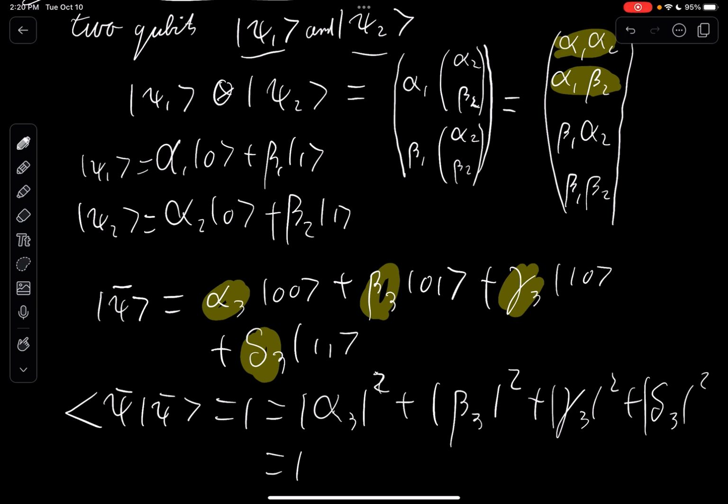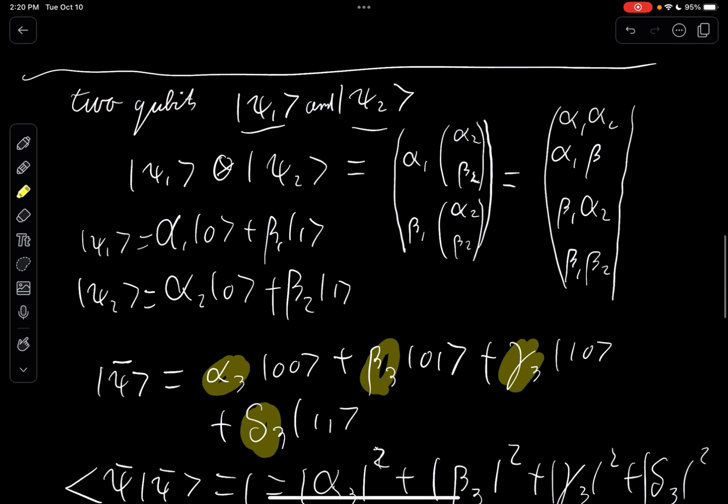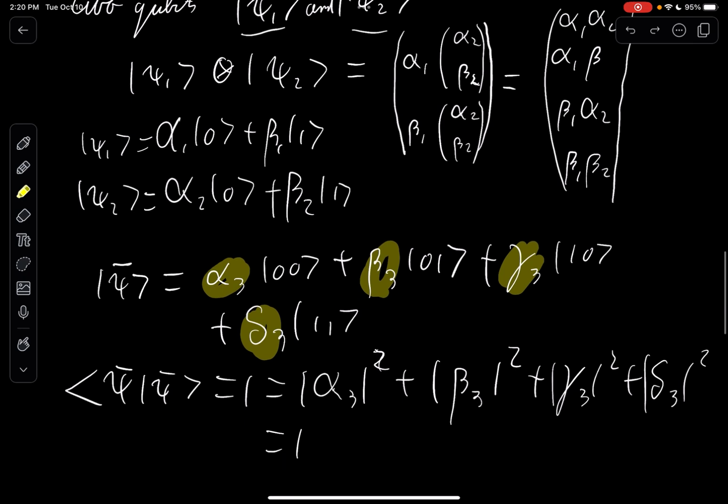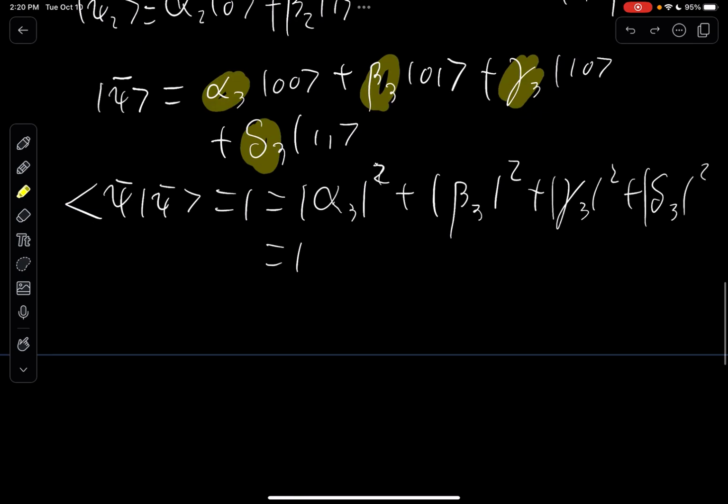Now this is where things get interesting. If you look at these parameters here, the alpha 1, alpha 2, and the rest here, they don't allow you to write down the most general 2-qubit state. What do I mean by that? Well, let me give an example. Let's say I give you the following state.